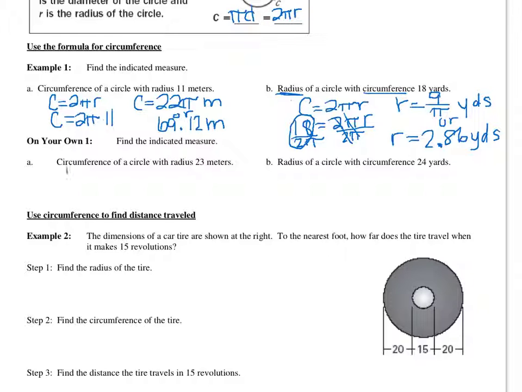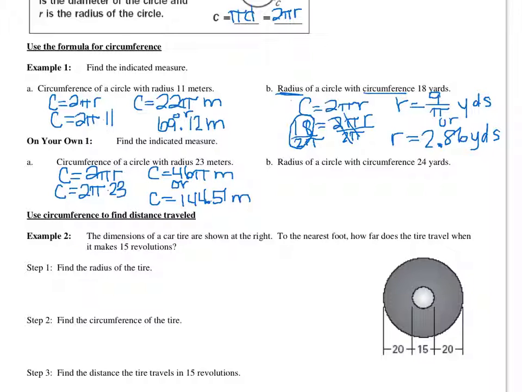So I'm going to use C equals 2 pi r. So C equals 2 pi times 23. So C equals 2 times 23 is going to be 46 pi meters, and that would be my exact value. Or if you put that into your calculator, you'll find that C equals 144.51 meters, and that would be a rounded value.